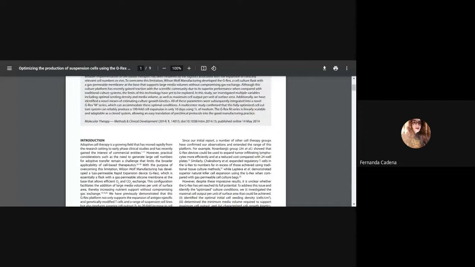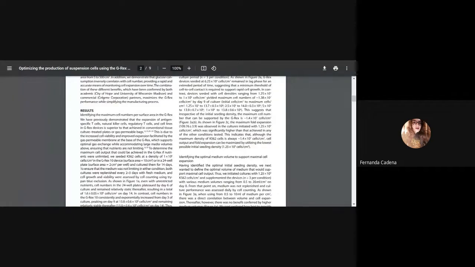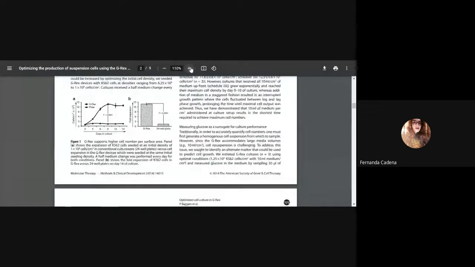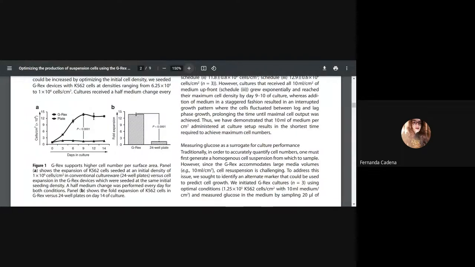Also, they show different aspects about this machine that they present. So as first, we can see in this graph that the first thing is that they investigated the maximal cell output per unit surface area that could be achieved.